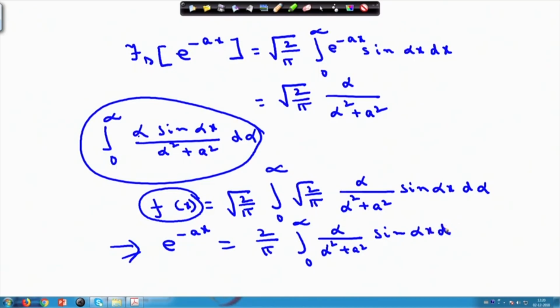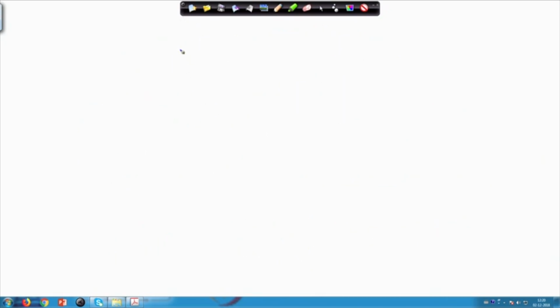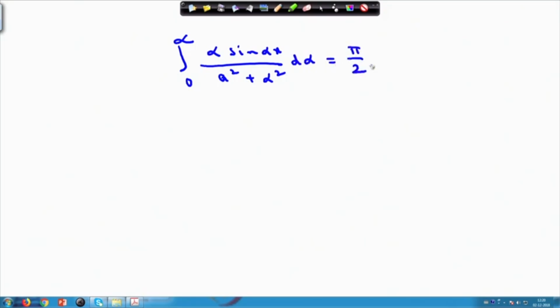So, once I am getting this, the value of the given integral, 0 to infinity alpha sin(alpha x) by alpha square plus a square d alpha, will be nothing but pi by 2 into e^(-ax). Therefore, the integral equals pi by 2 into e^(-ax).